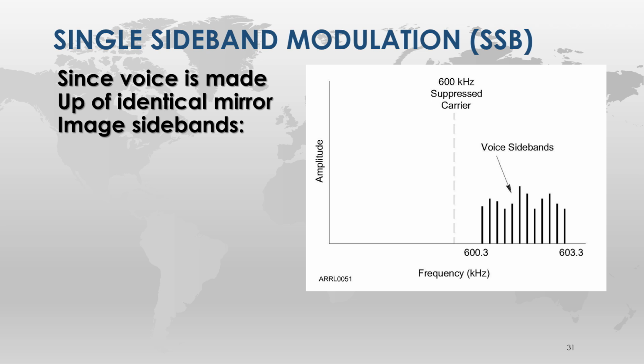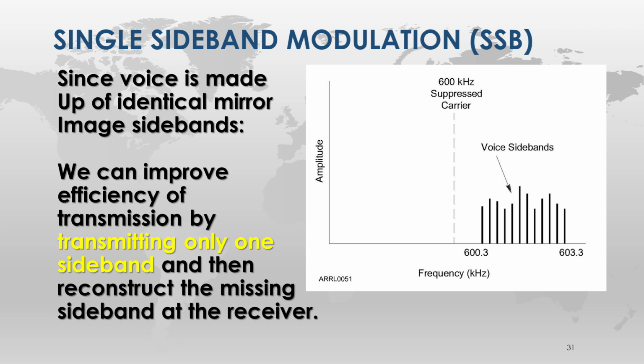A single voice is made up of identical mirror image sidebands. We can improve efficiency of the transmission by transmitting only 1 sideband and then reconstruct the missing sideband at the receiver. So we just have a carrier and a sideband, and the one that would be over here is just this flipped over. And so the radio can go like, well, let's just create that in reverse.